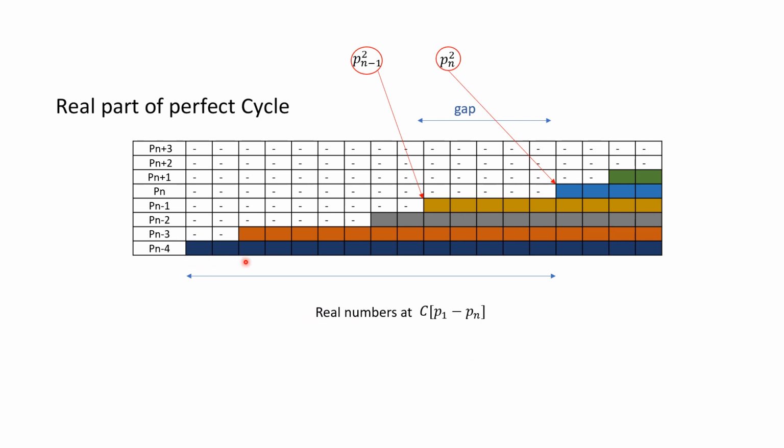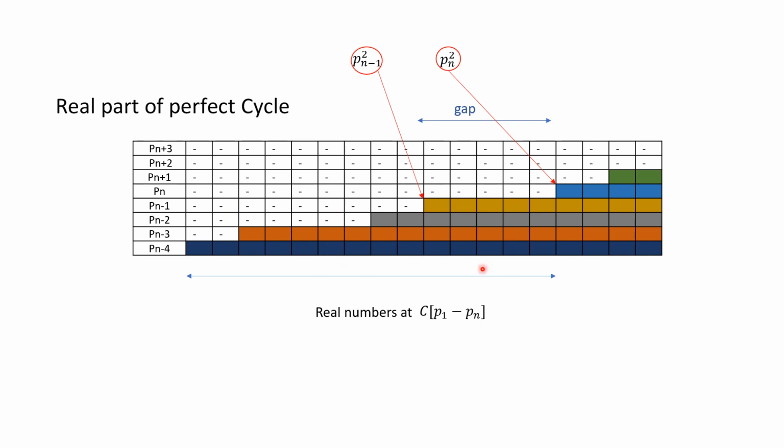So in this cycle here, you know that until here, this here and back will be in the real numbers. And in this cycle, you know that until here will be the square of the next prime number you're going to have. And here, in Pn square, you're going to have this cycle, and all prime numbers will be there.